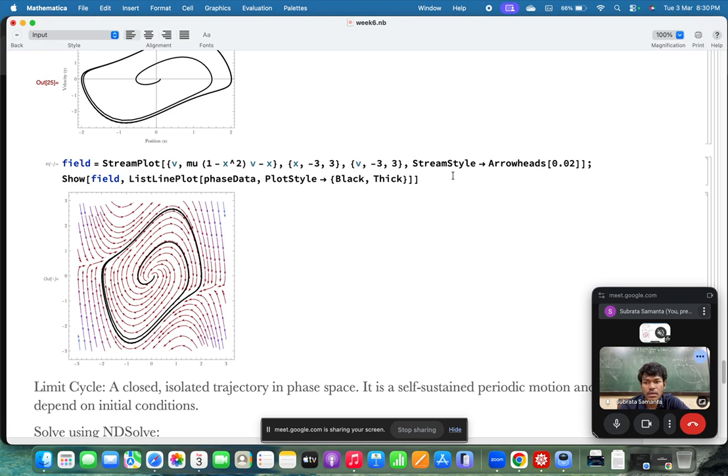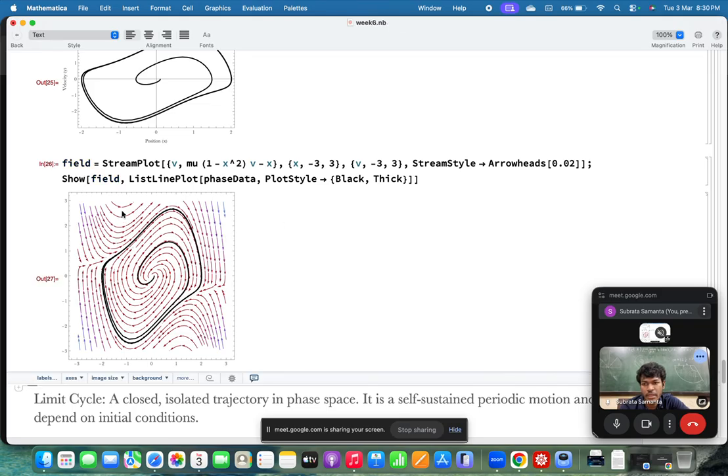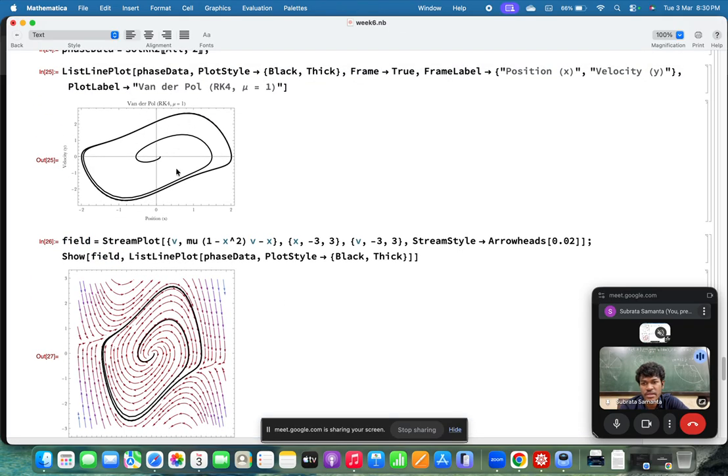This is my field, and you see this is my solution, the phase data. You see how, after some time, they lead into one cycle.